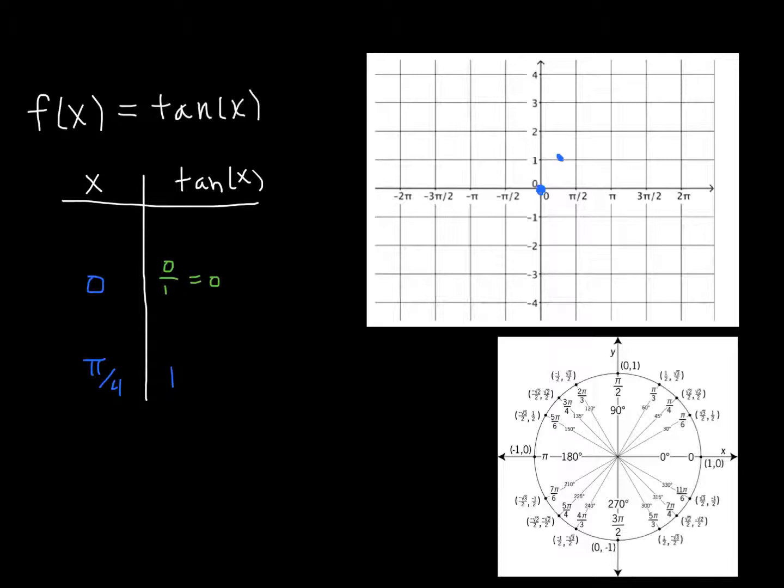And now we can take a look at pi over 3 and pi over 6 because those are going to be on either side of pi over 4. And so let's go ahead and look at pi over 6 first. And the tangent at pi over 6 is going to be 1 over square root of 3. Or another way of writing that is square root of 3 over 3.